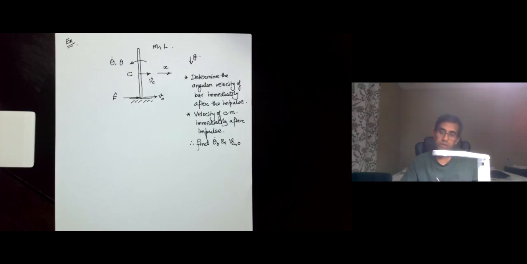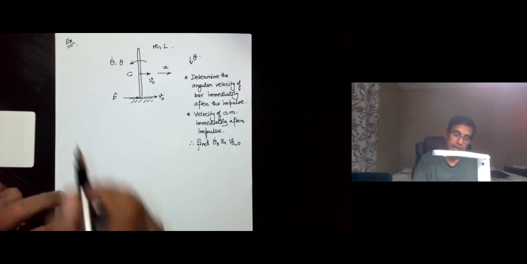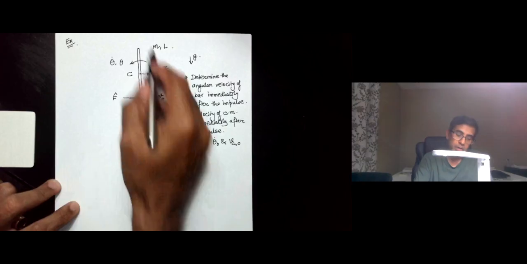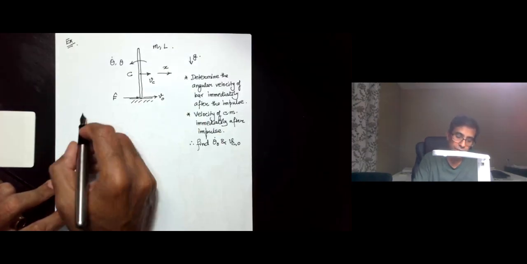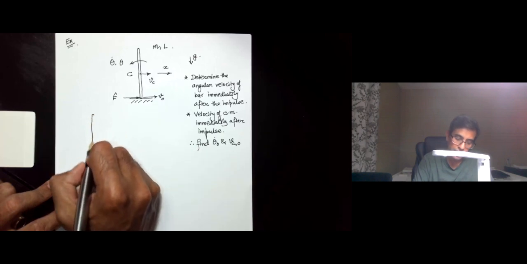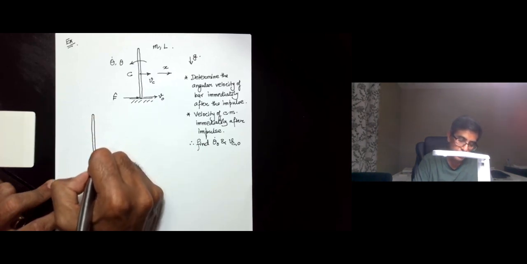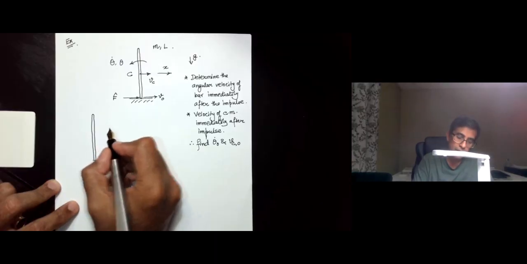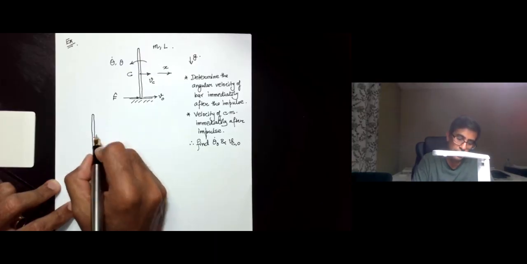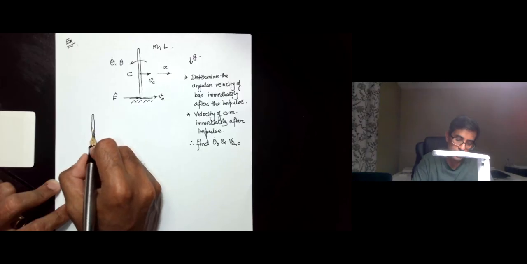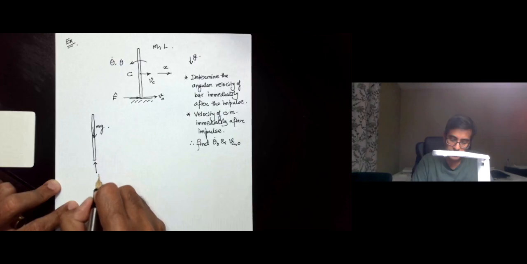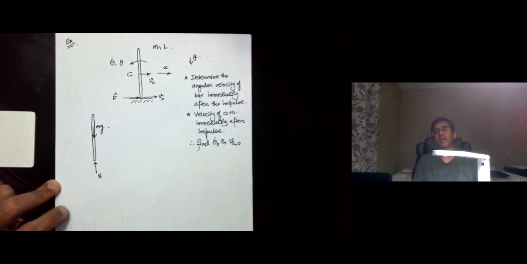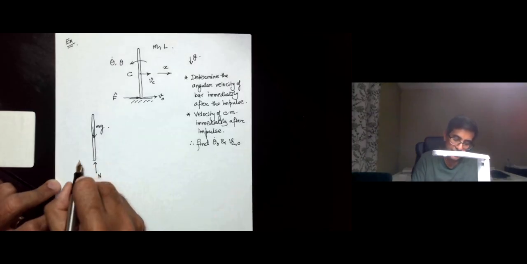Now, for the linear impulse momentum equation, if you draw the free body diagram, here is the gravitational force, then you have the normal reaction. Remember that the motion we are interested in is at theta equals 0, and there is an impulsive force here.